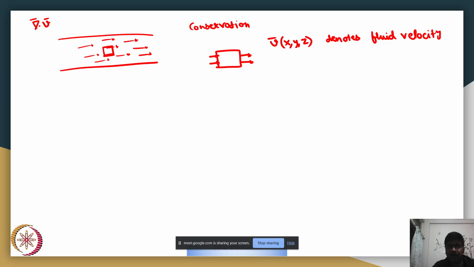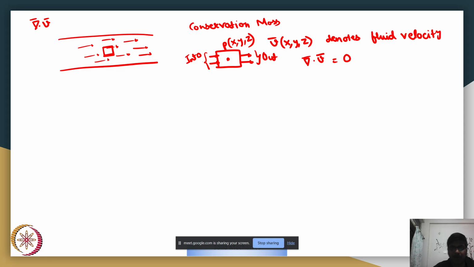Now we calculate the amount of fluid flowing into the volume element and the fluid flowing out of it, and we keep shrinking this down till we reach a point, say p of xyz. Conservation of mass would essentially be written as the divergence of the velocity field equaling 0.